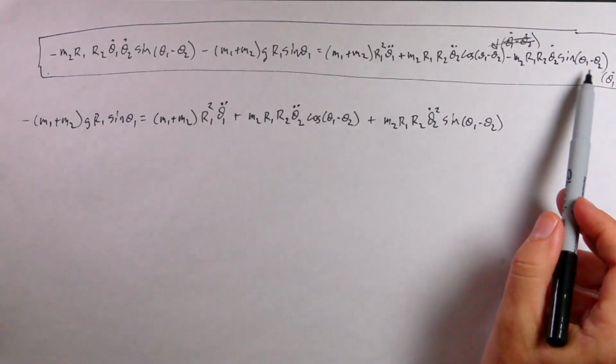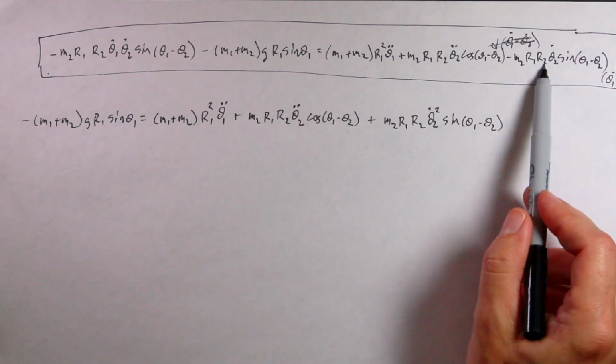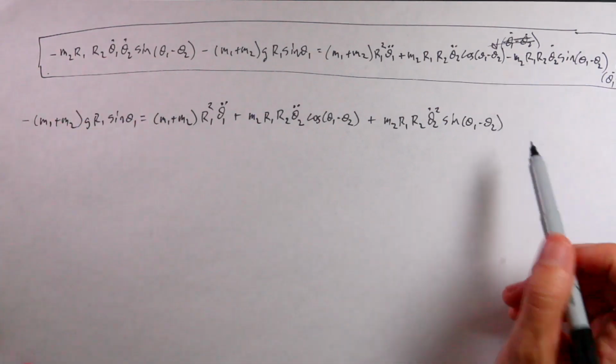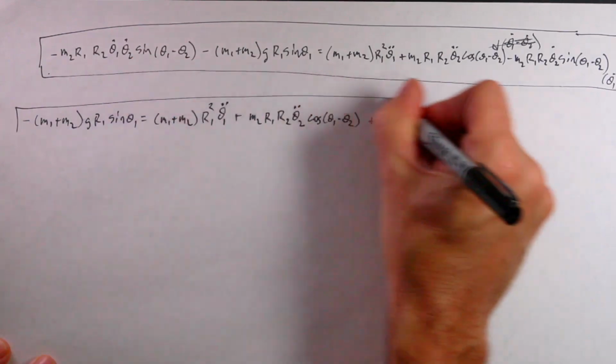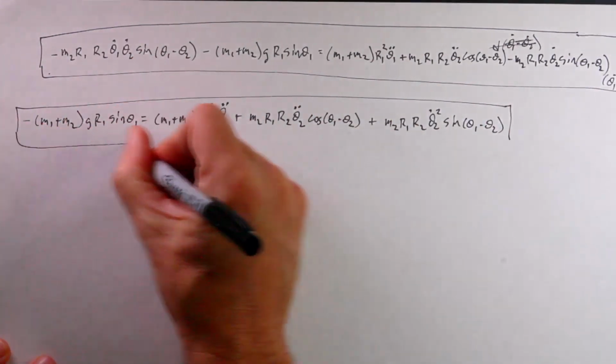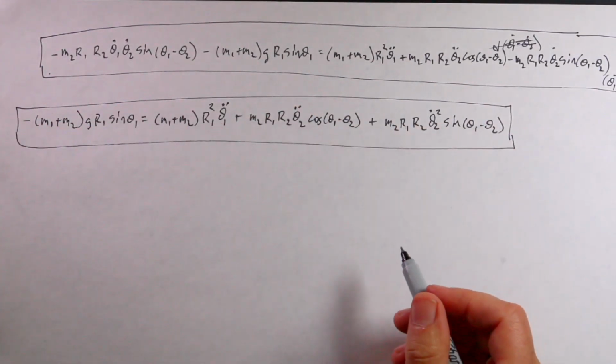So that's what happened. The theta 1 term canceled with this theta 1 term. So that's my theta 1 equation. This is really important, and we are going to use this, okay?